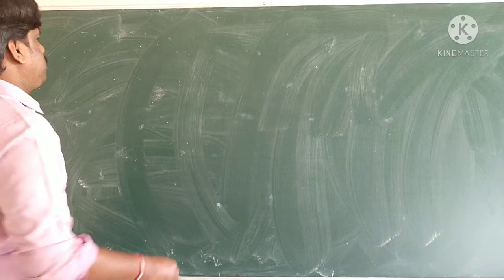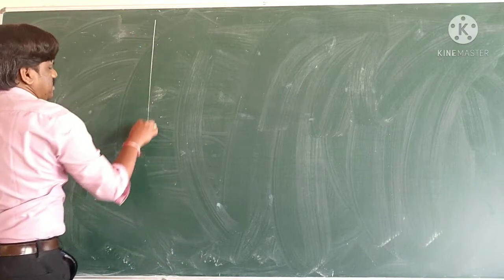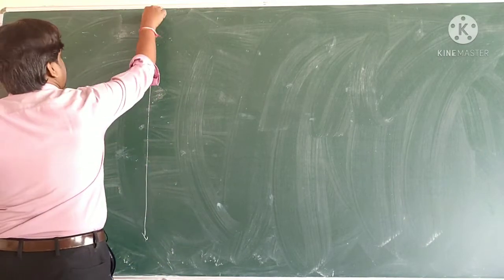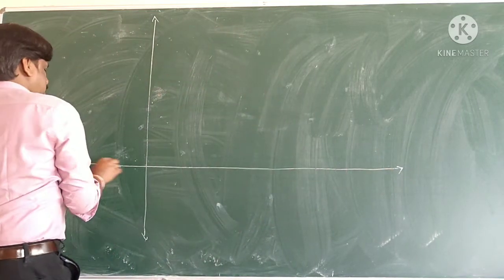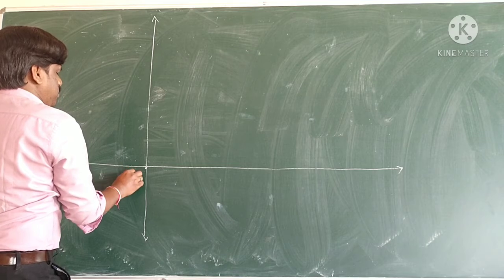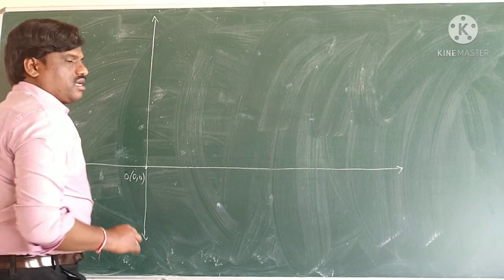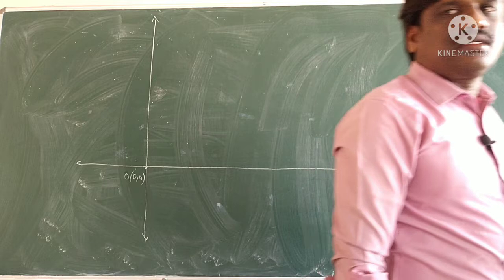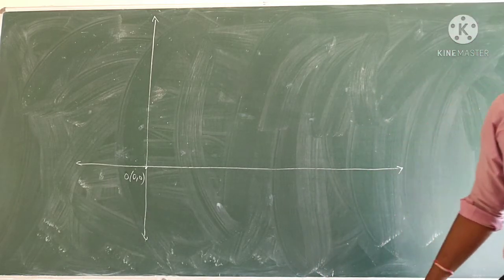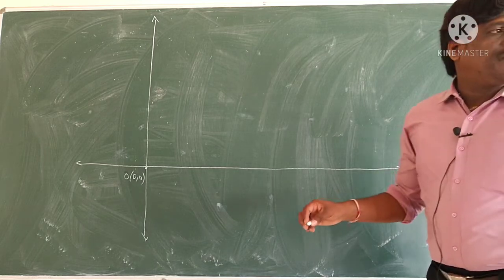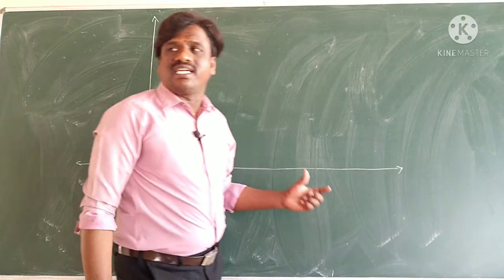Yeah, this is the y-axis. This is the x-axis. Origin O is 0 comma 0. Now tell me the points. The first point is 0 comma 40, so take 10, 10, 5, 5.